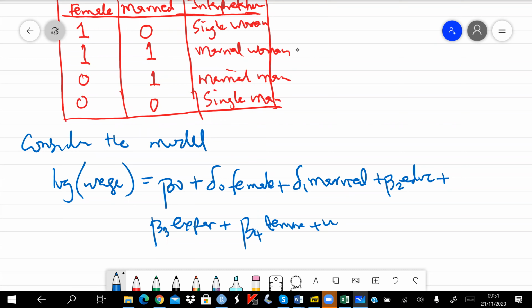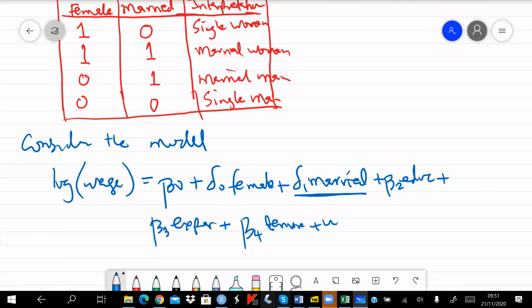This is similar to the model that we fitted in the above section, but now we are adding this new dummy variable, taking the value 1 if the person is married, or 0 if the person is not married.